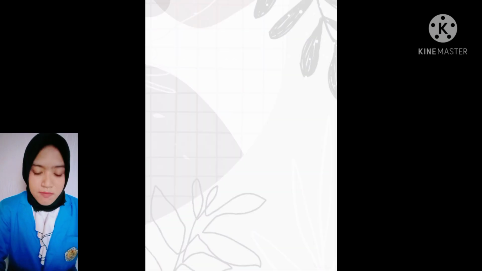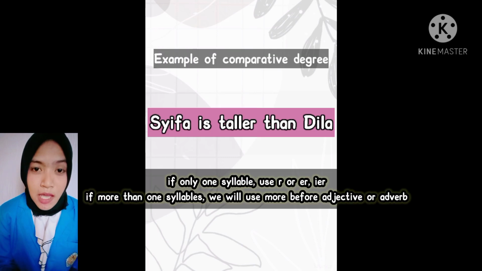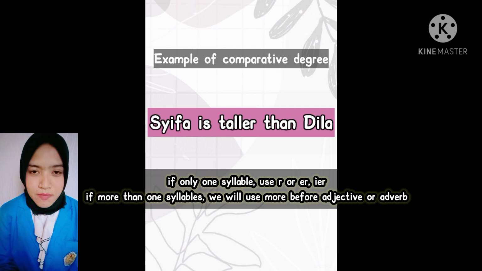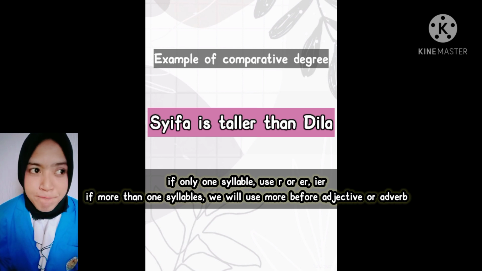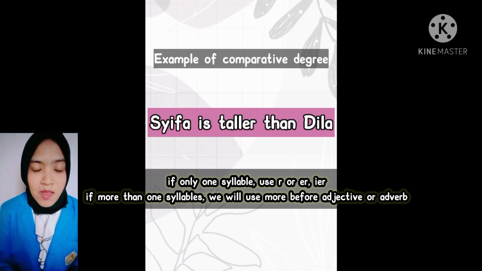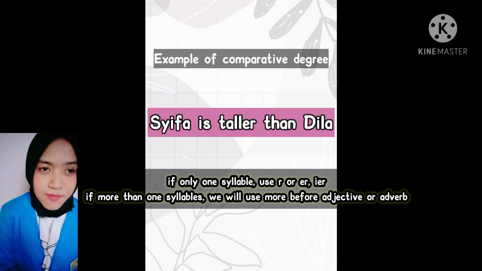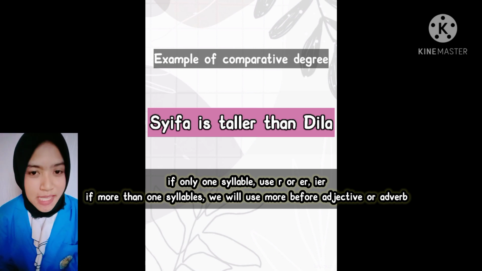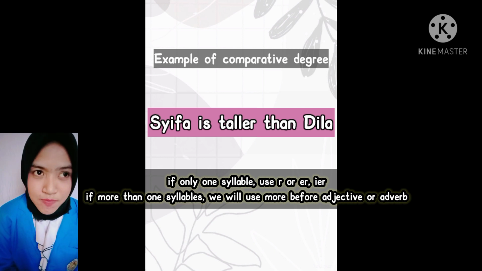Okay, the next I will give example of comparative degree. Shipa is taller than Dila. Shipa lebih tinggi daripada Dila.